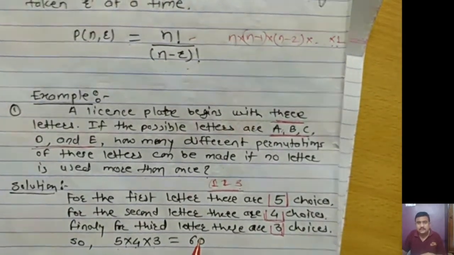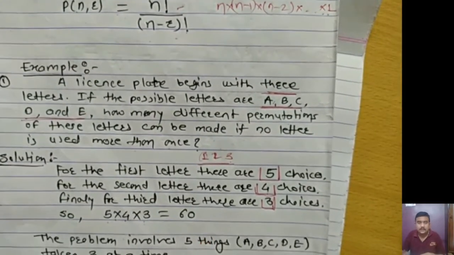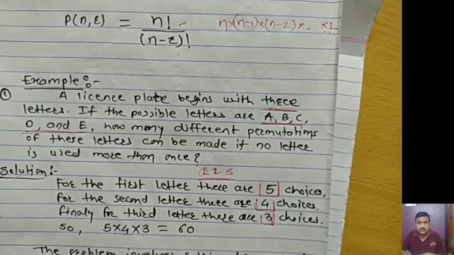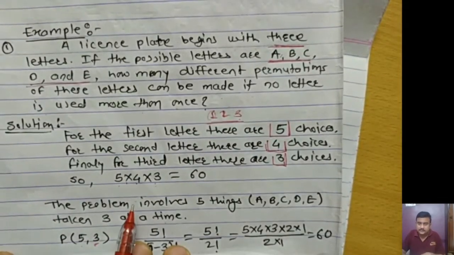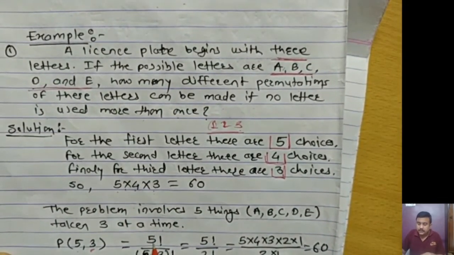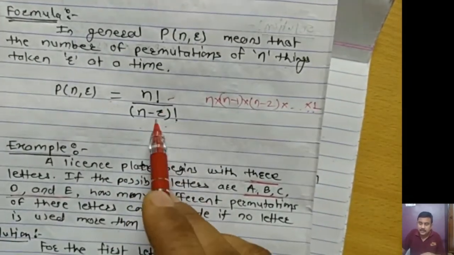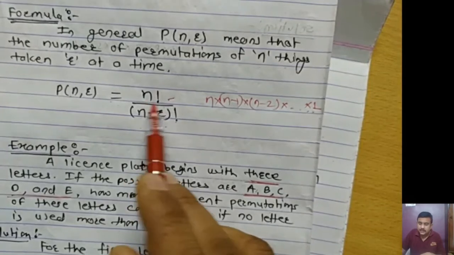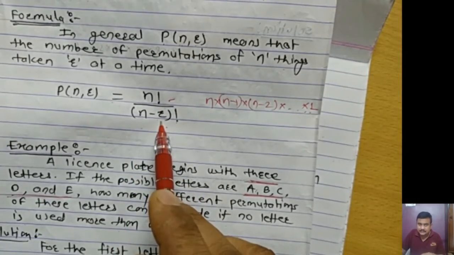Now let us solve this example with the help of the formula. Total 5 alphabets are given and we have to choose 3. So the formula is n factorial divided by n minus r factorial. It means 5 factorial divided by 5 minus r, where r is 3 over here.